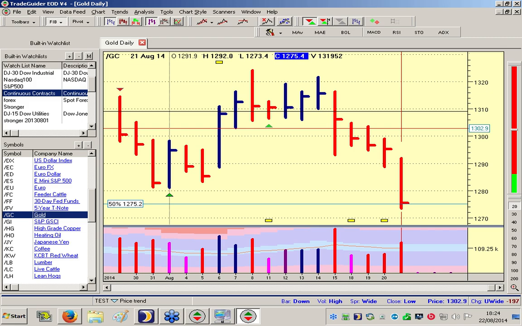Question from Winston. VSA has told us how to identify a strong and a weak up bar. What identifies strong or weak down bars? Well, it's a background, isn't it?